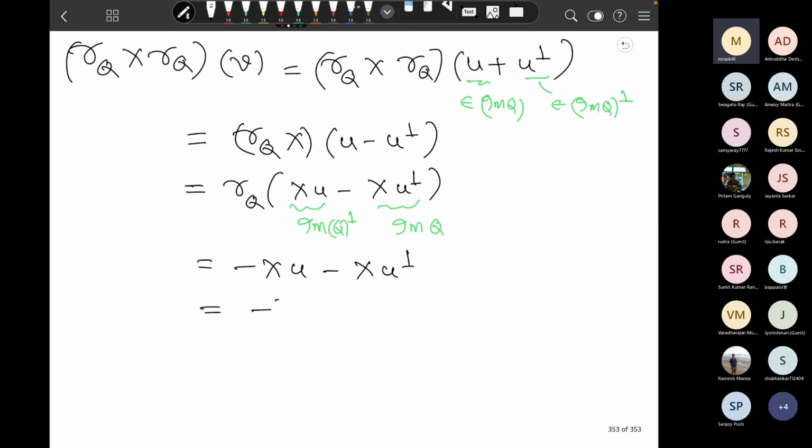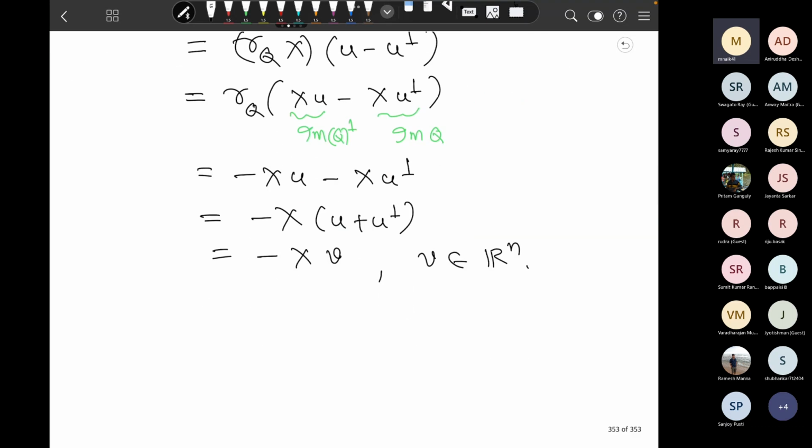So this is minus X(u plus u perp), which is minus X b. This happens for any b belonging to R^n, and so I get R_Q X R_Q is equal to minus X.